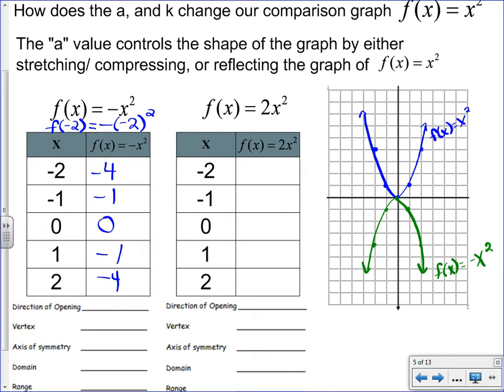Okay, so what happens when there's a negative sign out in front of that x squared? How does this graph, my green graph, compare to my blue graph? What words would you use to describe that?